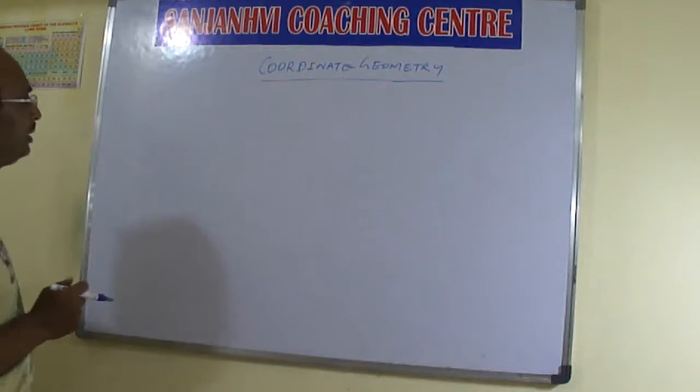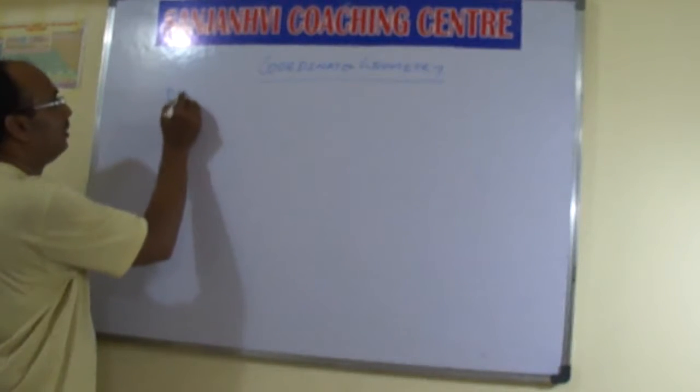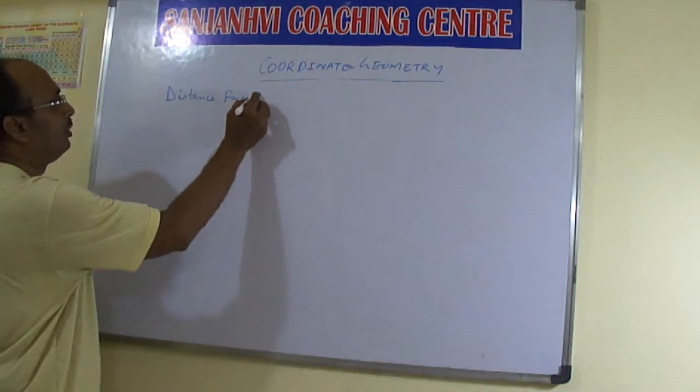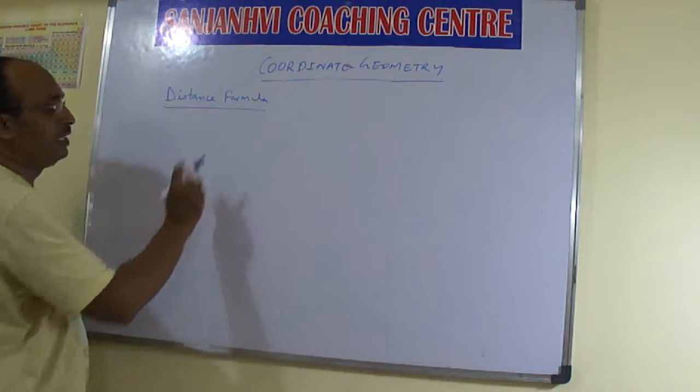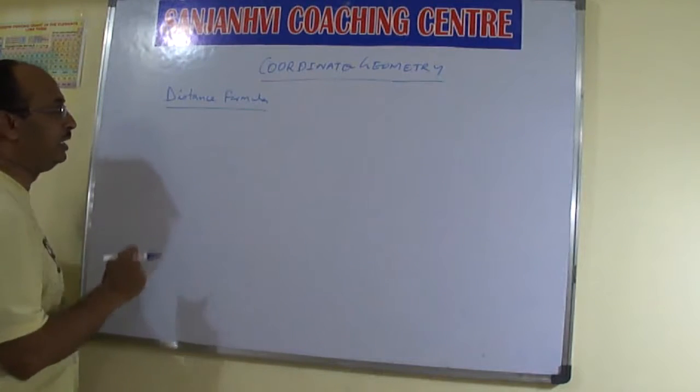Now let us study about the distance formula. So distance formula is what? Finding out the distance between 2 points. How to find the distance between 2 points in the coordinate system, right?